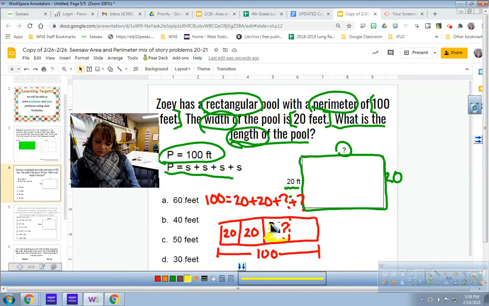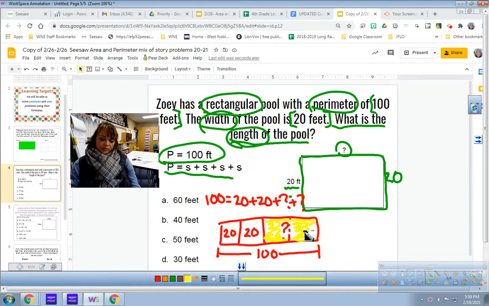This is the part that I'm looking for, right? I know the width, which is 20, and I know that there's two sides of that rectangle that are 20. So I'm looking to figure out what the length is. And there are two sides of the rectangle that will represent the length.